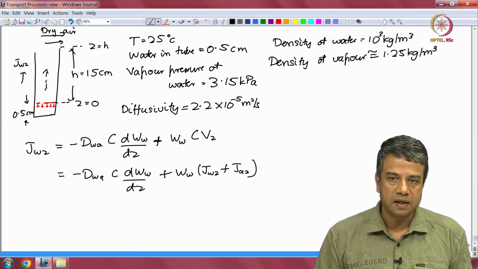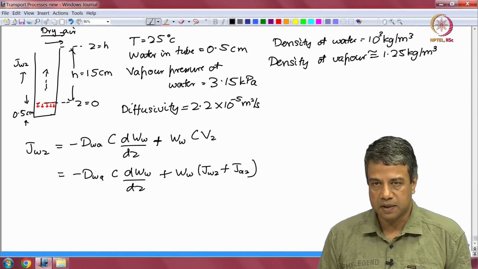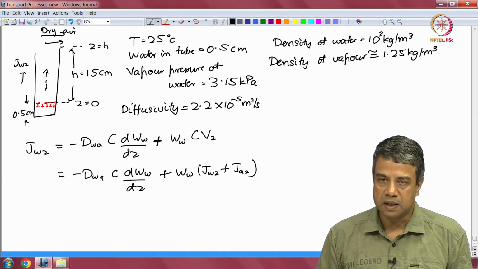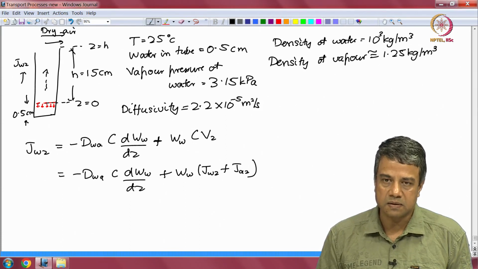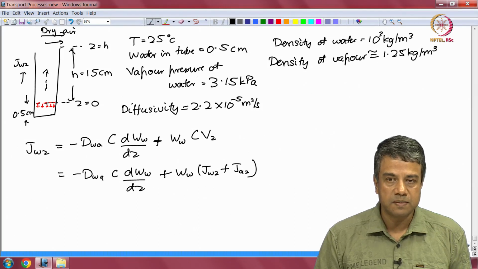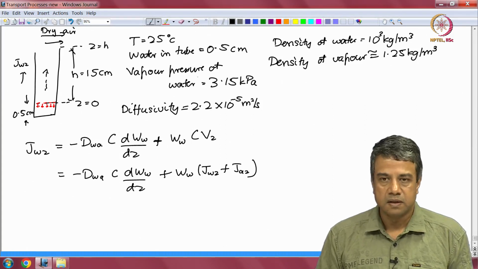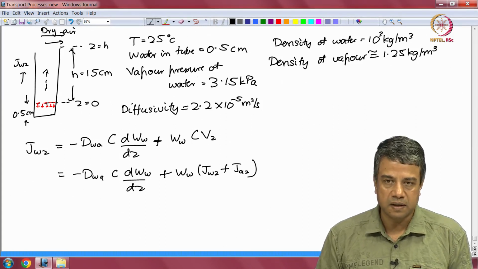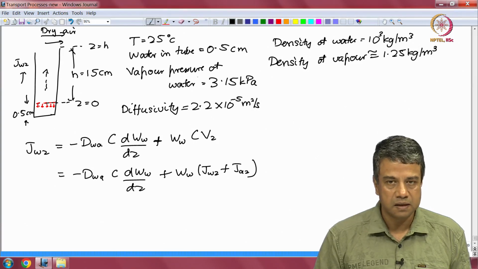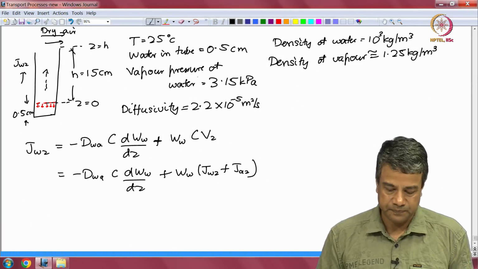Therefore, you can neglect the flux of air coming down in comparison to the flux of water vapor going up. To within 1 in 1,000, you can neglect the flux of air and consider that there is only a diffusion of water upwards.